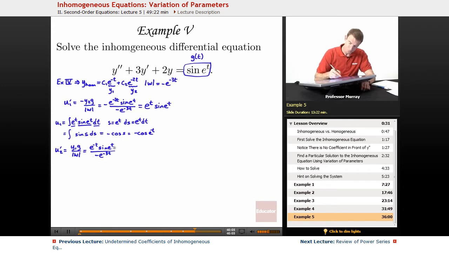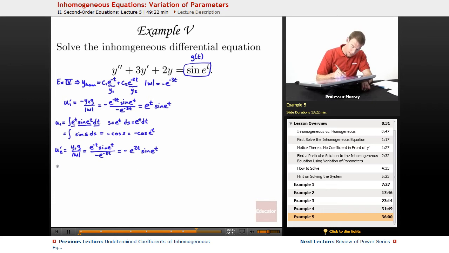And so if I simplify that a bit, I'll pull the negative outside, and I will get e to the negative 3t when it comes up into the numerator turns into e to the positive 3t. So we got e to the positive 3t and e to the negative t. That gives us e to the 2t times sine of e to the t. And that was just u2 prime.